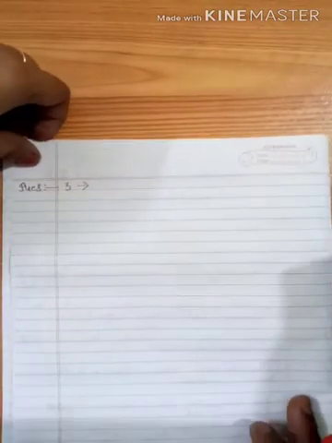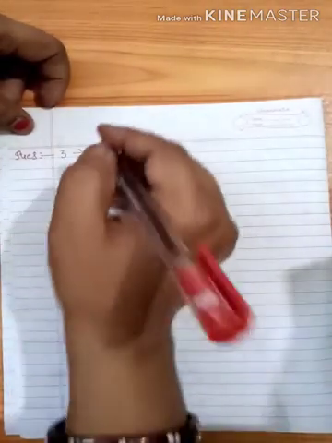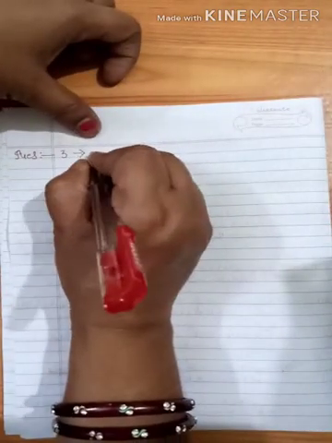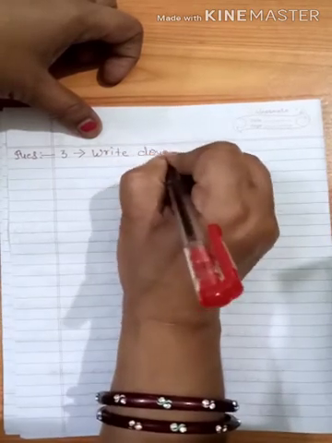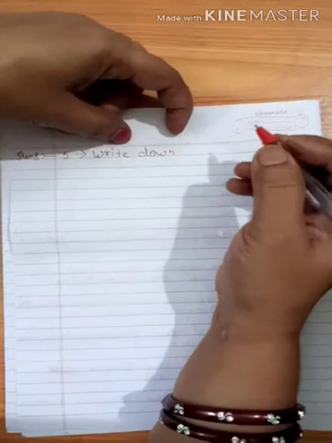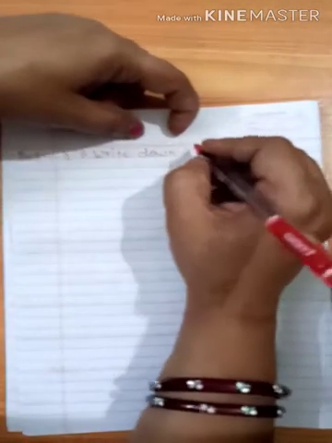Question number 3. The next one, this question is, write down again the same question which you have already learned in class 1 or 2.